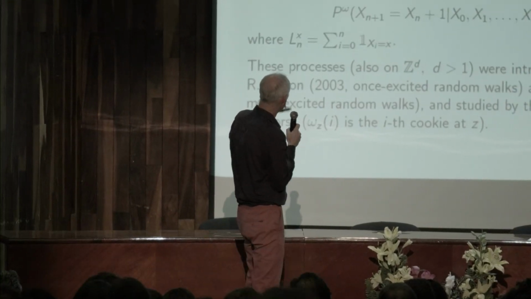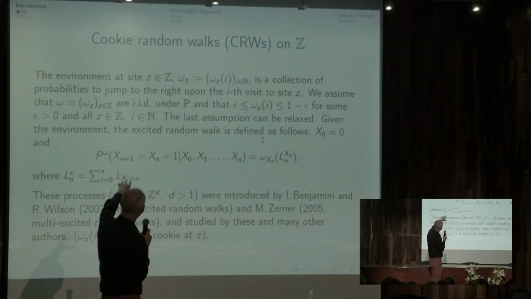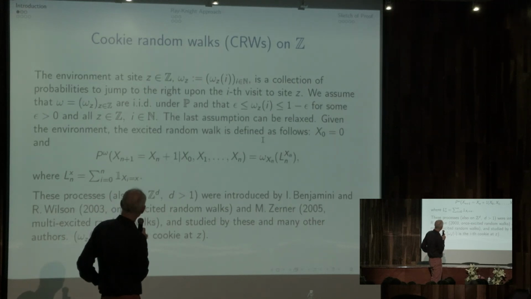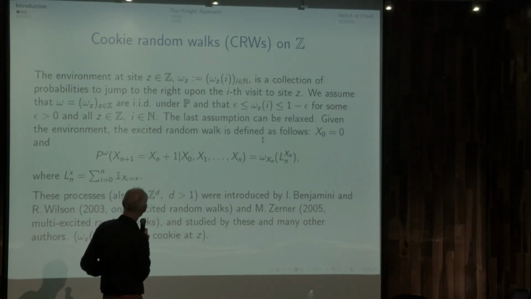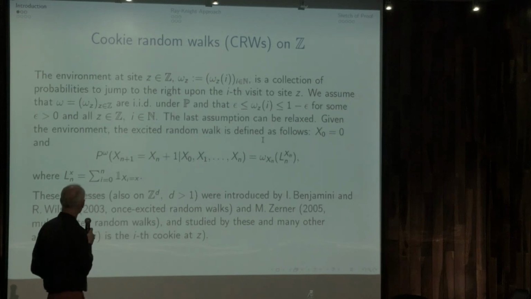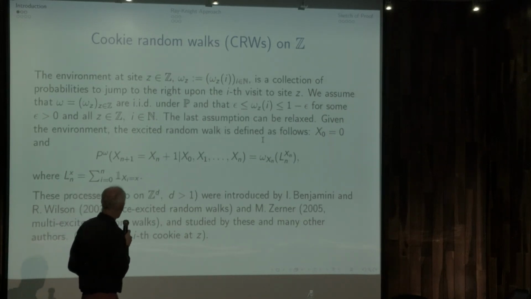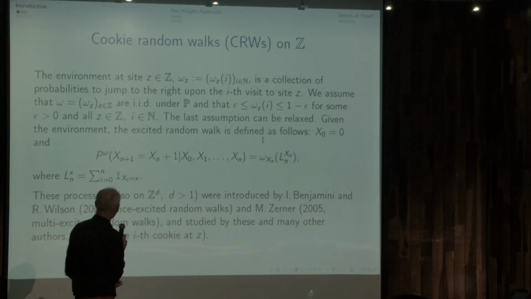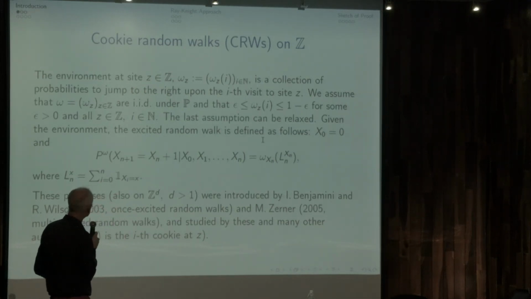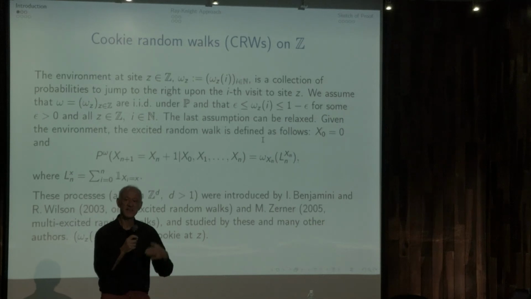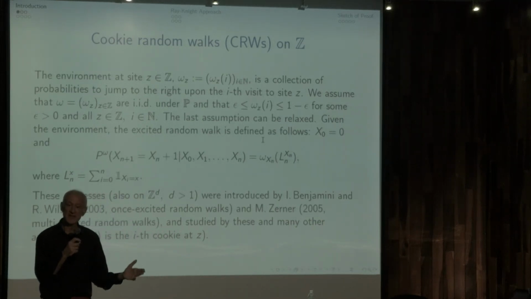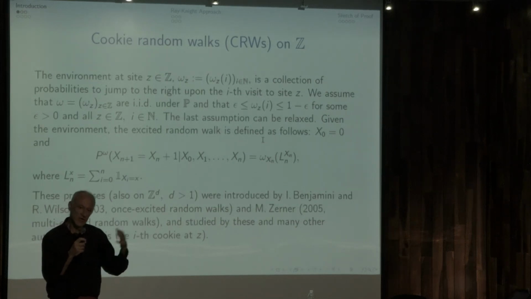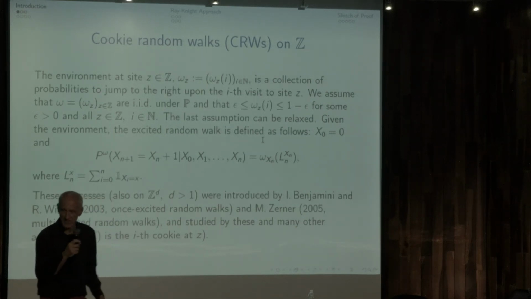The idea is that you have a sequence of values, probabilities, omega z, for every point in Z. So omega x1 is simply the probability at the first visit to x that afterwards you move to your right, and therefore the probability you move to your left is 1 minus this probability. Okay?